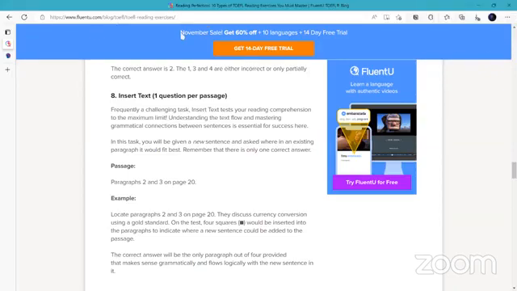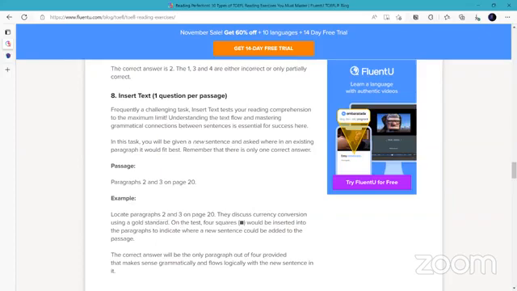Number 8, insert text. One question per passage. Frequently, a challenging task, insert text tests your reading comprehension to the maximum limit. Understanding the text flow and mastering grammatical connection between sentences is essential for success here.